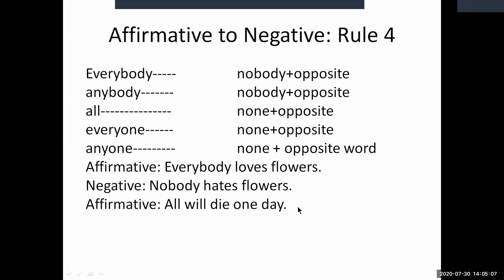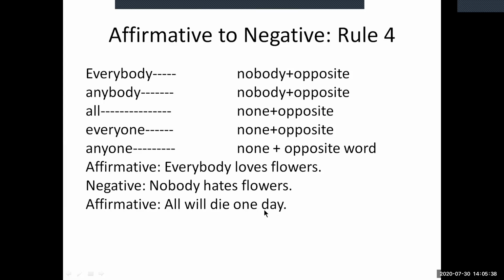So, all will die one day. In its negative form, all will be replaced by none. Then the opposite word of the word die is leave. So if I make the sentence negative by using that rule directly, all will die one day, the negative will be, none will leave one day. It is not logical that the opposite of one day will be one day.